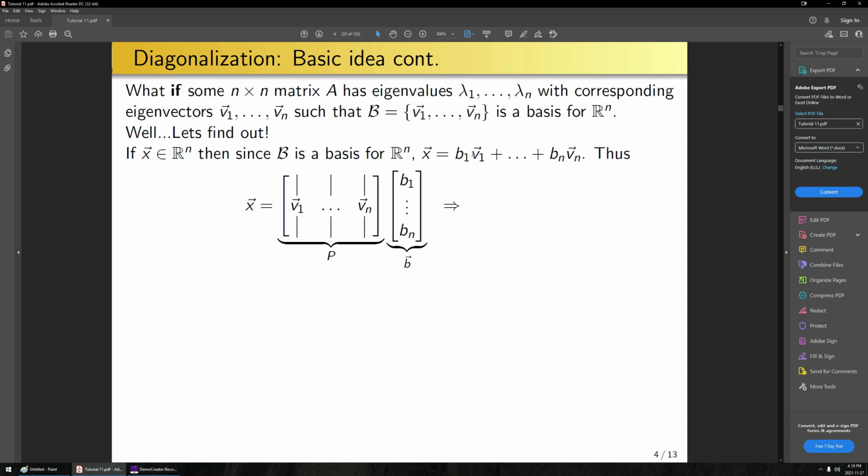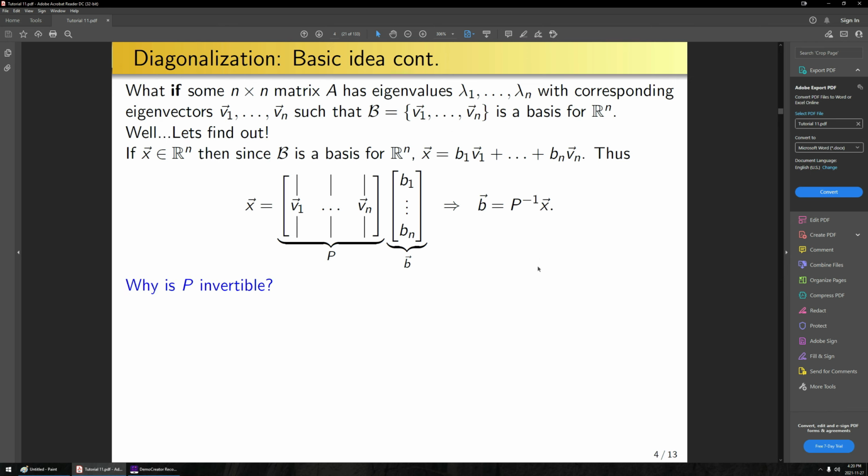All I'm really doing is noticing that if I do this matrix vector multiplication, then the first term of the resulting vector would be v11 b1, v12 b2, all the way up to v1n bn, which is exactly what I get here. So this is just a different way of writing x. This lets me actually compute how to find these b coefficients. All I do is take P inverse times x.